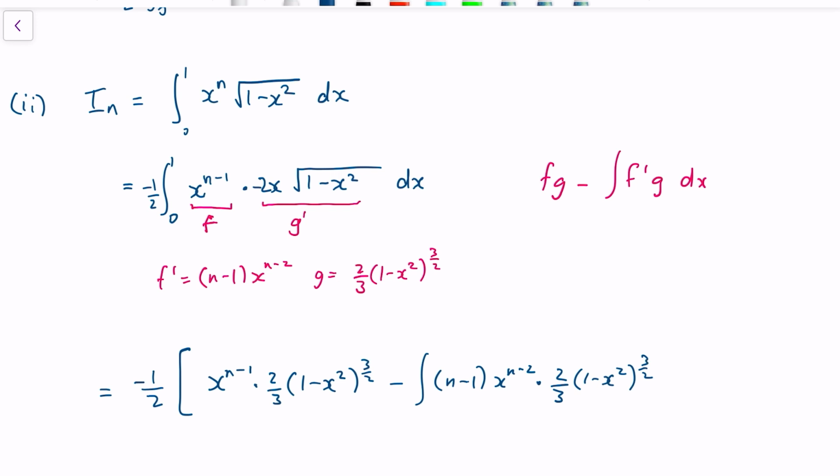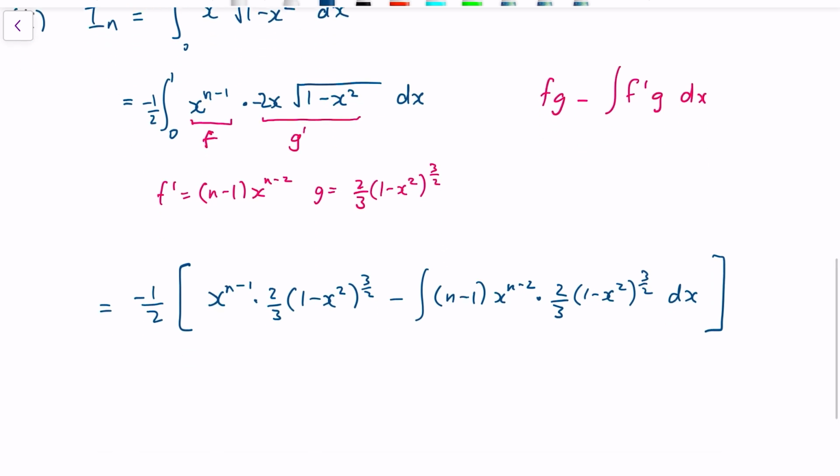Now it looks like the problem's got harder, but there is a little trick to it. Remember that we're not trying to actually work out what this integral is. We're going to try to work out how it depends on another integral in this sequence. Now in terms of subbing in the limits, I would need to work out this antiderivative and then sub in 0 and 1 into the whole thing.